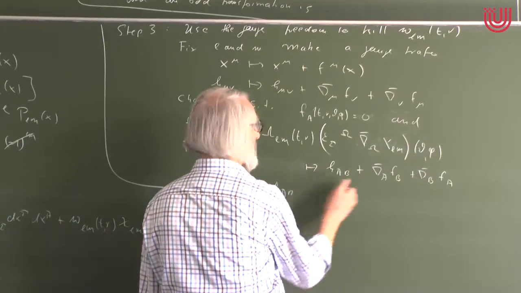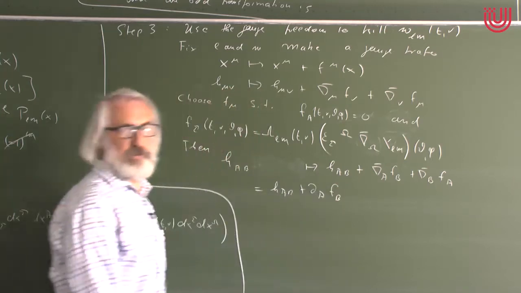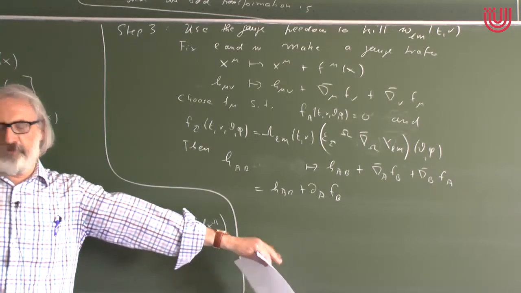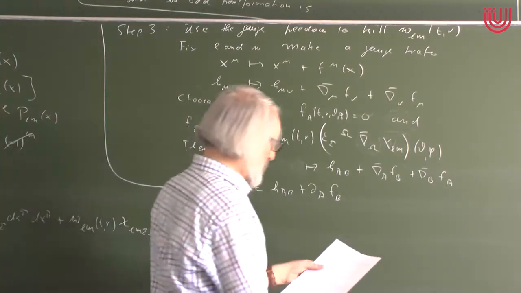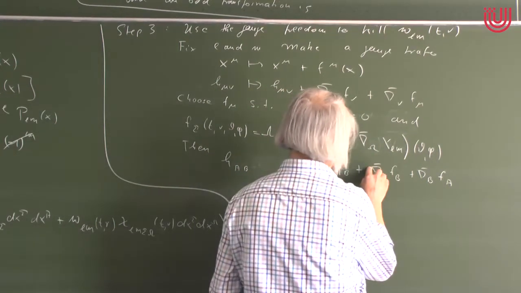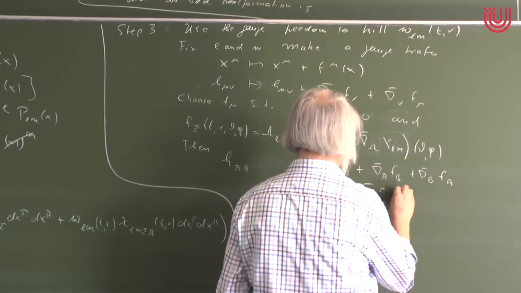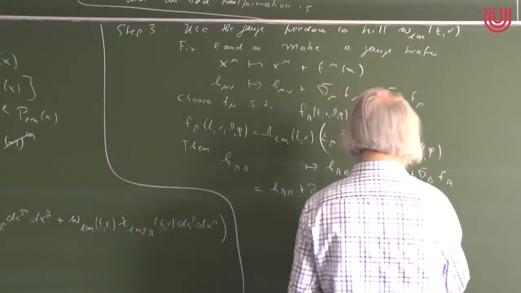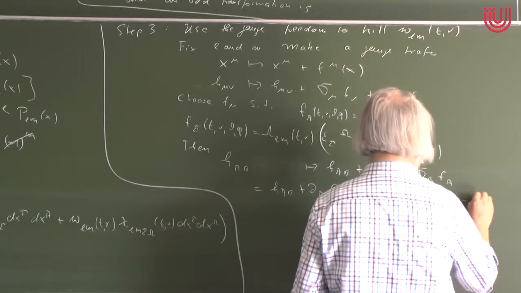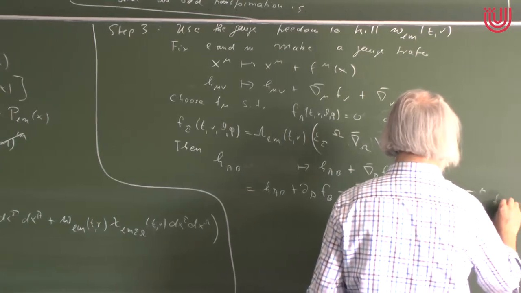Let me write this out. What does this mean? It means this is dA FB, partial derivative. This is of course 0 if this is 0. If you have a function which is identically 0 and you differentiate it, then it's also 0. But then you have this additional term, which is, okay, it's the del bar, so I have the gamma bar mu f mu plus d B F A minus gamma bar BA mu f mu.